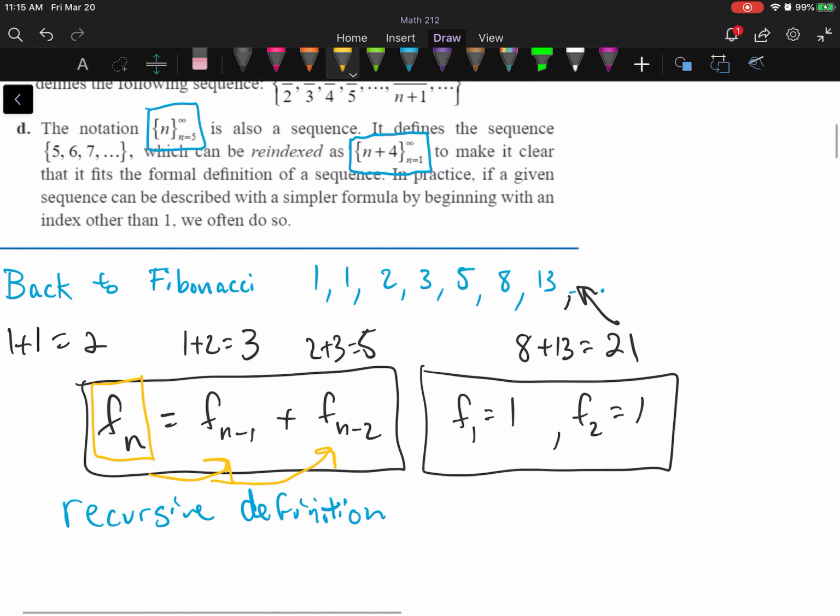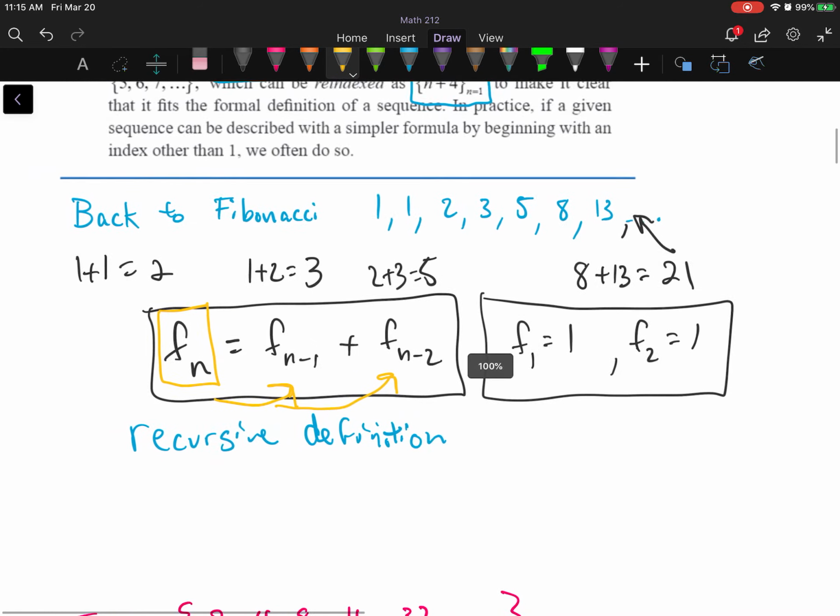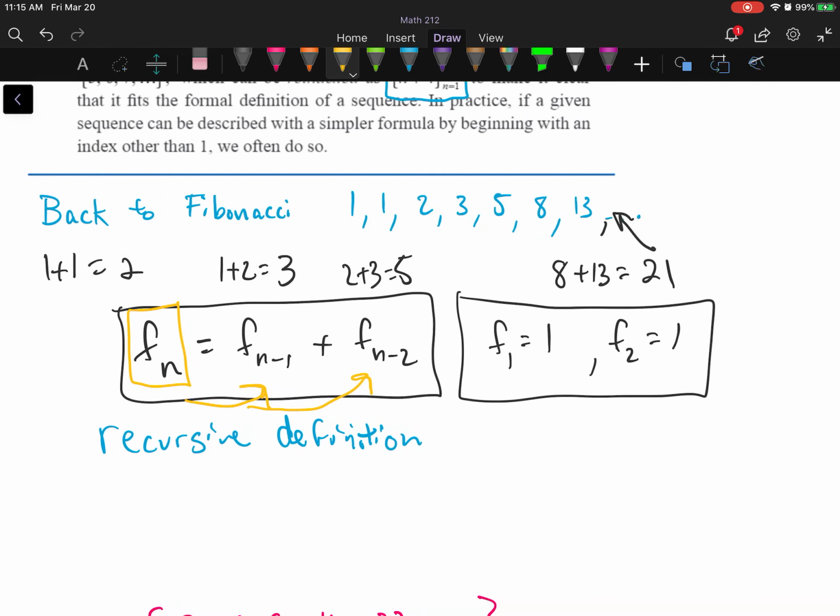But if I wanted to calculate the 10th Fibonacci number down here, let's say f sub 10, then I would need to know the 9th Fibonacci number and the 8th Fibonacci number, and I'm not even sure that we've gotten there yet. We've got 1, 2, 3, 4, 5, 6, 7, 8.